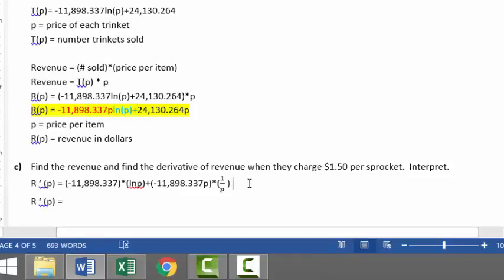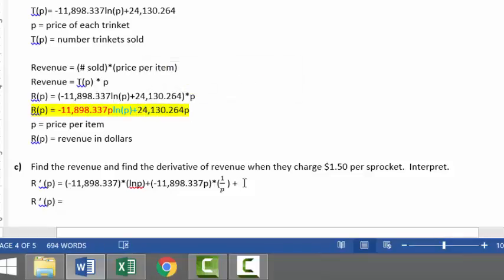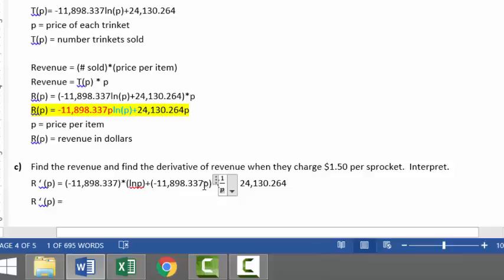I also need to add to that the derivative of this second term, the 24,130.264p. The derivative of that is just 24,130.264. This gigantic r prime of p function can be simplified. Notice that the p in the numerator here cancels with the p in the denominator here.